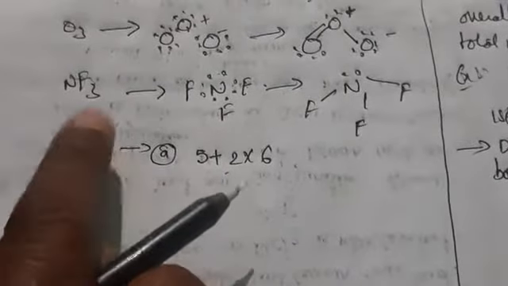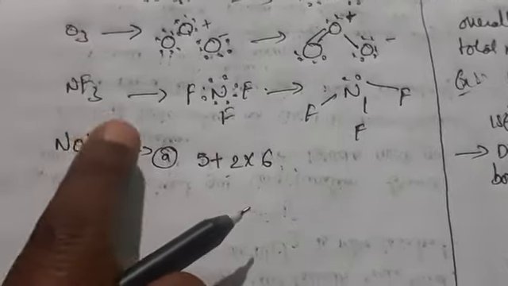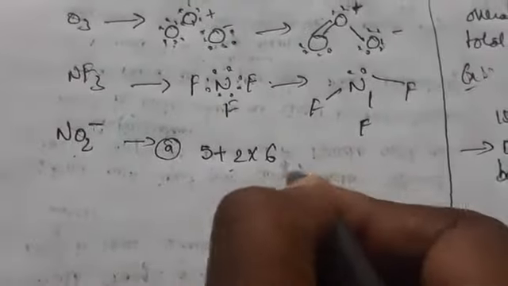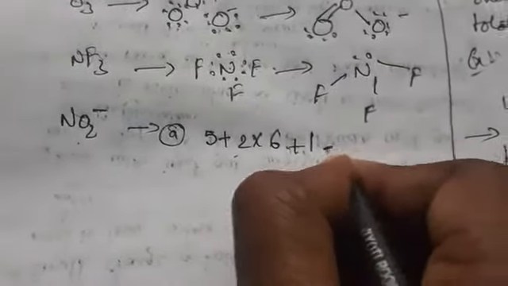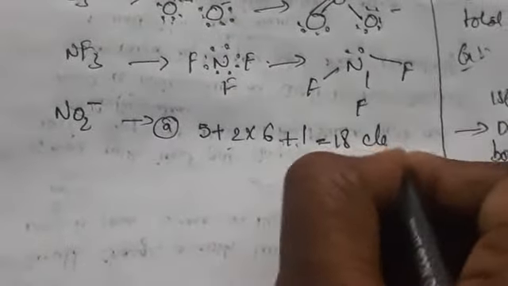This is the first rule. Coming to the second rule, for anions we have to add. Here there is a minus charge of 1, so we take plus 1, and you get a total of 18 electrons.